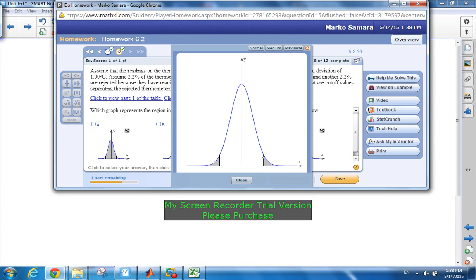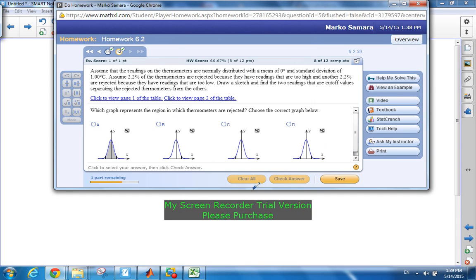So this is the region of bad thermometers showing too high. That's the probability of a thermometer showing too high a value, too high a temperature, too high a reading. And this is the probability of a thermometer showing too low. So this is the picture that we are looking for. So that's B.